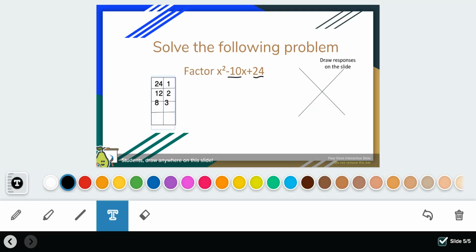I can keep going. I can do 6 and 4. So 6, 4. It doesn't have to be perfect.